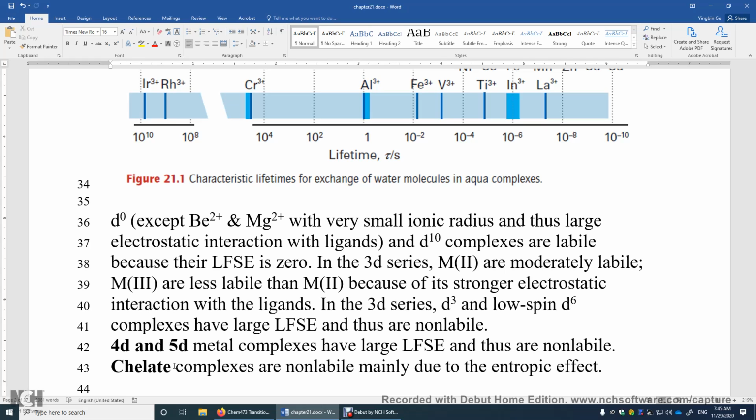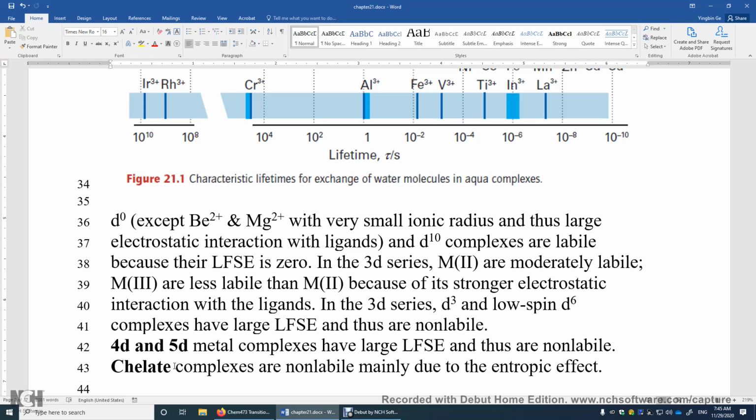So now let's imagine when an iron 3 transition metal ion is bonded to EDTA, forming 6 bonds with the same EDTA 4 minus anion. Now, how can you have 6 other ligands from the solvent, for example, aqua ligands, simultaneously replace all 6 bonds between this iron 3 and EDTA?